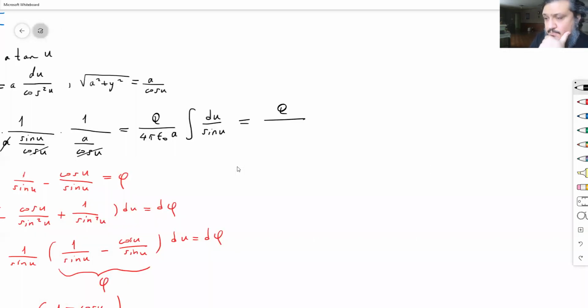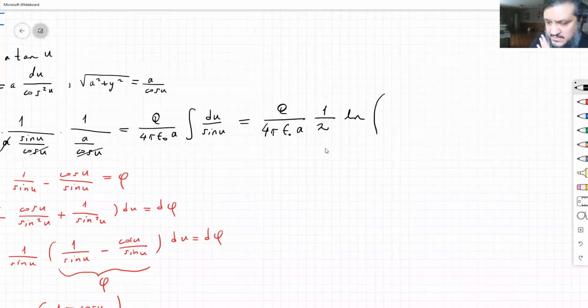Q over 4 pi epsilon 0. A times 1/2 logarithm of, okay, I already forgot, what was it?